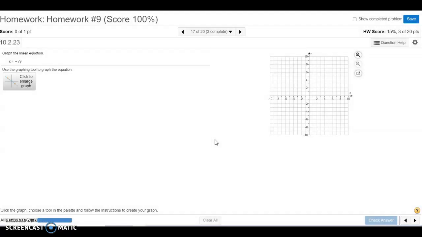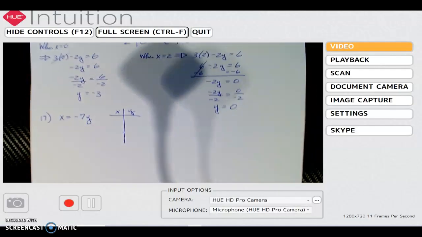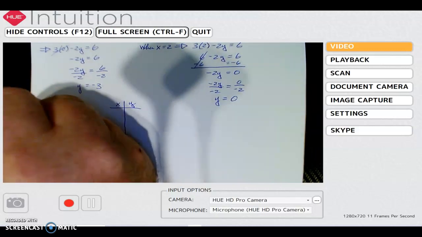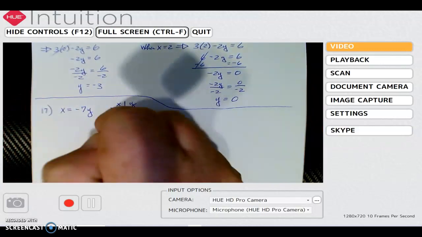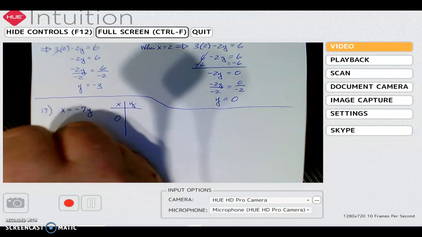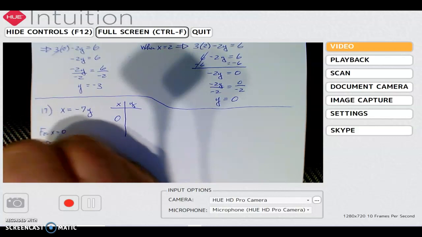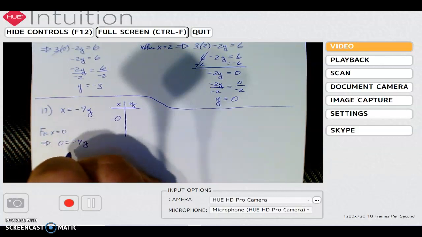Now a good choice for x is always 0, as we've said, and let me show you my work again. So if I pick 0, I could say for x equaling 0, then we get 0 equals -7y.